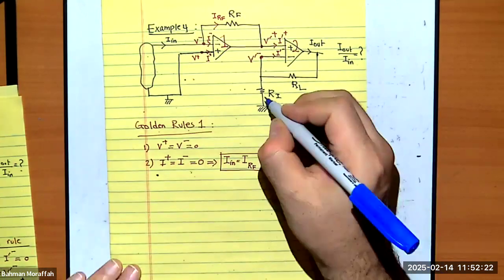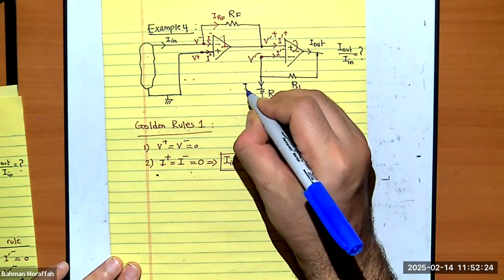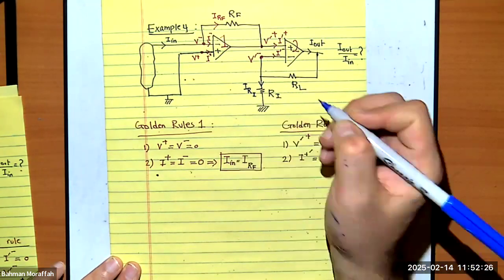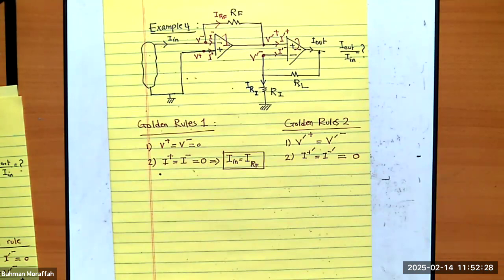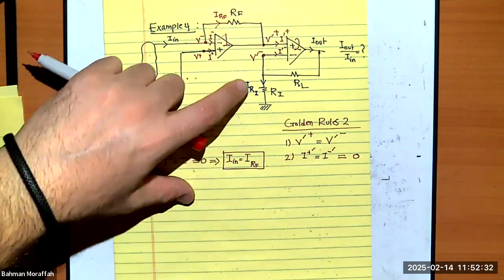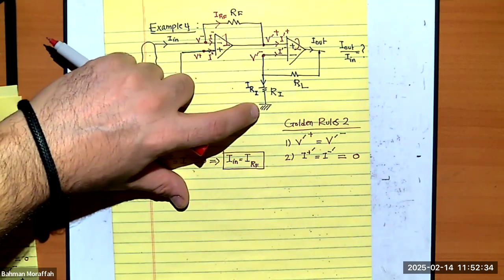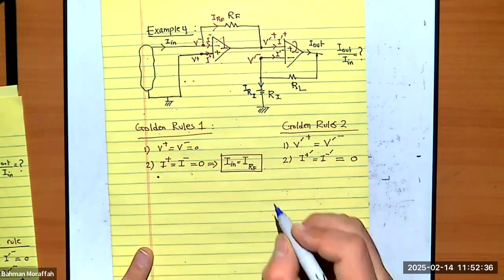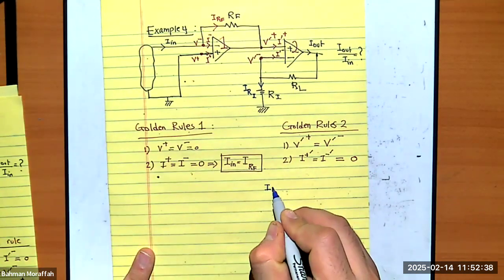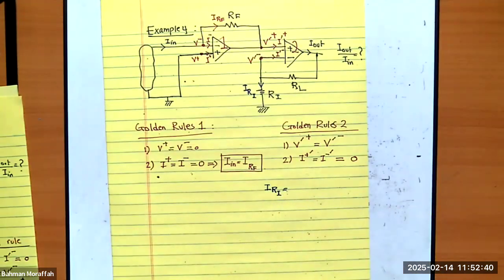Let's call the current through this Ri, I of Ri, right? What I'm claiming is that I can compute this I of Ri. What is I of Ri? Well, I have to know the voltage across it, and if I know the voltage across it, I can divide it by its value.